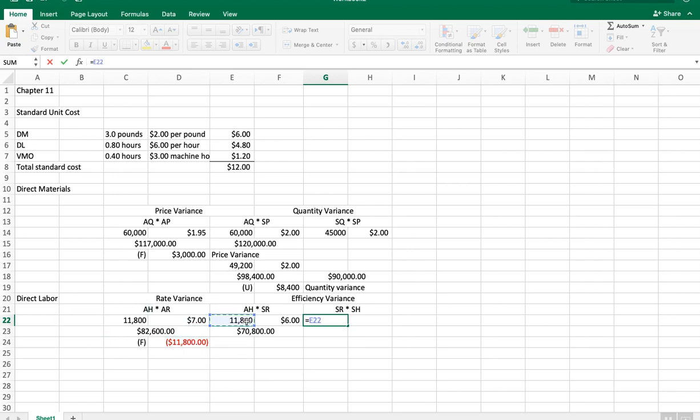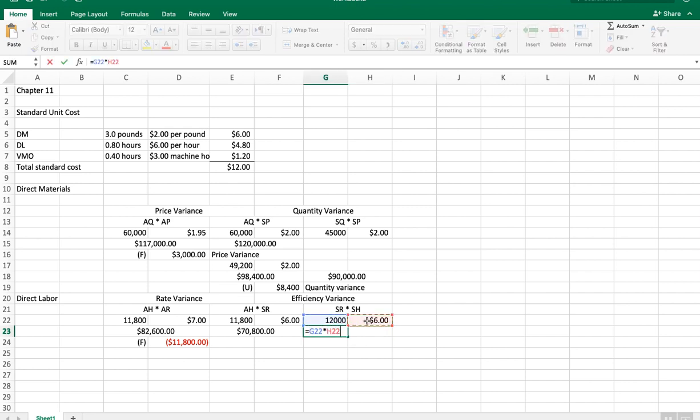Am I using the right numbers here? Yeah, okay. In our standard rate, we produced 15,000 units. And we expected to spend 0.8 hours on each one, sorry, 0.8 hours. And so we expected to spend 12,000 hours at a standard rate of $6.